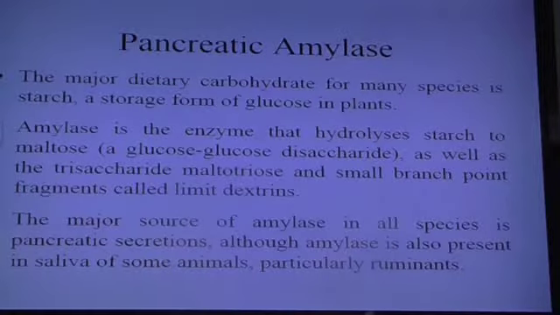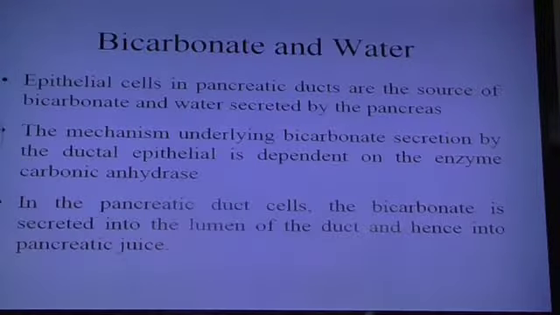Now, as far as those enzymes and the bicarb, the epithelial cells that are in the pancreatic ducts are the source of bicarb and water that's secreted by the pancreas. So, what if I have duct blockage there? Is that going to make the feces a little more colloidal type stuff?